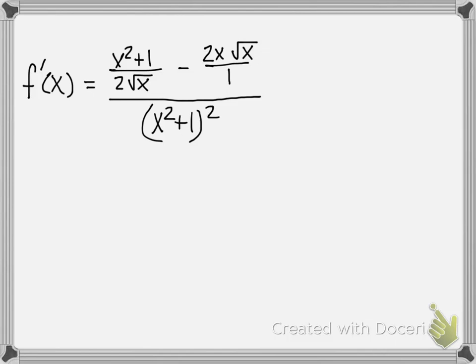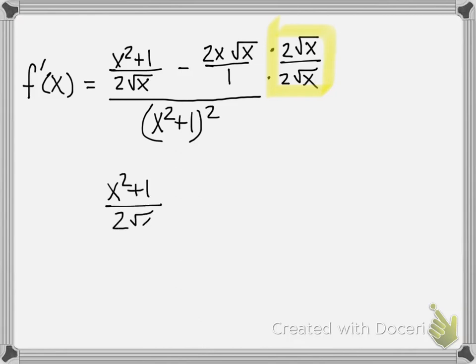So to actually be able to use those, if we just multiply by 2 square root of x on the top and the bottom, then that's the same thing as multiplying by 1. So then we could rewrite that as x squared plus 1 over 2 square root of x minus 2x. Well, sorry, we're going to be multiplying that through.